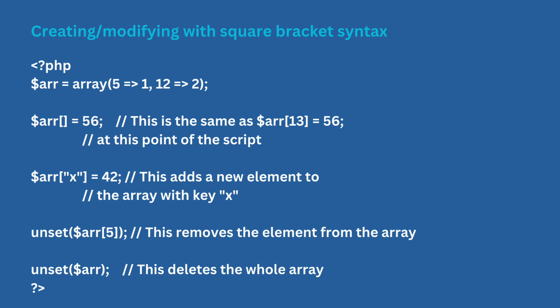Great. Because it will look into what was the last index in this array, right? At the 13th index it will add 56. Now if I am giving the index position, index key, or you can say the key, then at that key this value will be stored. Clear, guys?